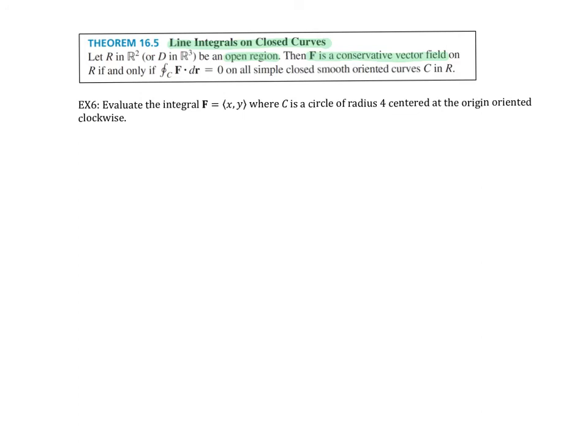That means that when you compute your line integral, the line integral is going to equal 0. In our last example, we computed our line integral and we got 0. That means that our vector field is conservative, which we knew it was because we had this potential function phi.